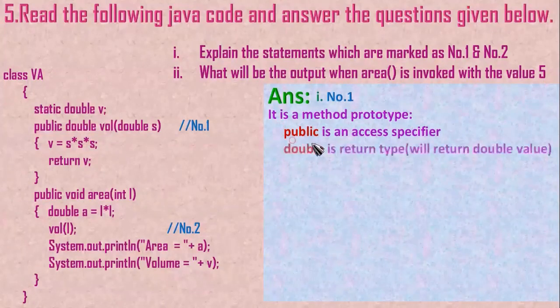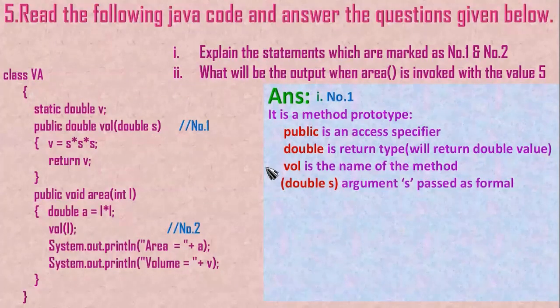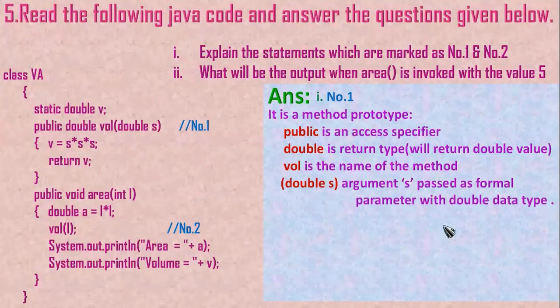Double is the return type which will return a double value. VOL is the name of the method. Double S is a parameter which is having the argument called S. It is a formal parameter. So we can write argument S passed as formal parameter with double data type.